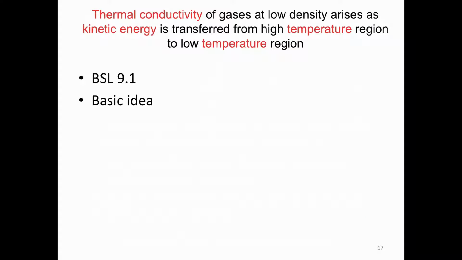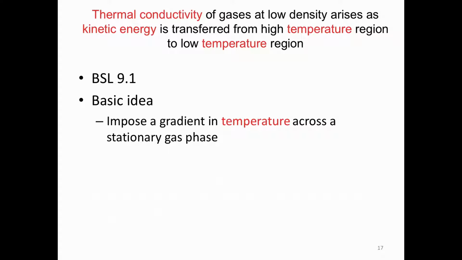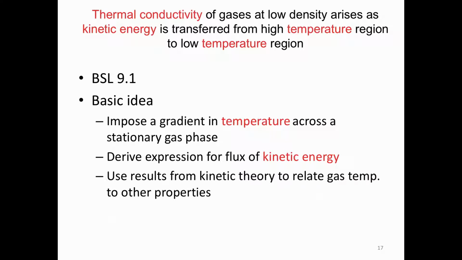Cool. So we can actually do a similar thing for thermal conductivity. Okay? So this is covered in chapter 9.1 in your textbook, and the basic idea is similar. Impose a gradient in temperature across the gas phase, derive an expression for the flux of kinetic energy this time, okay?